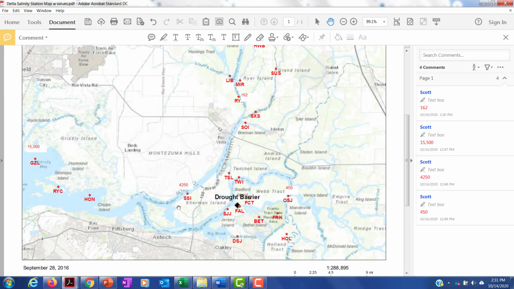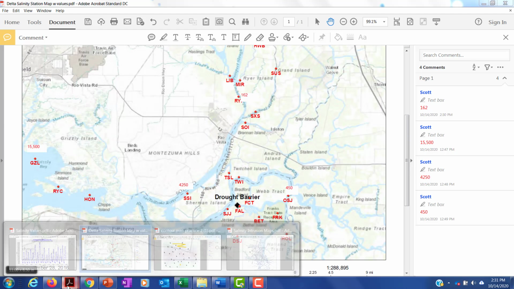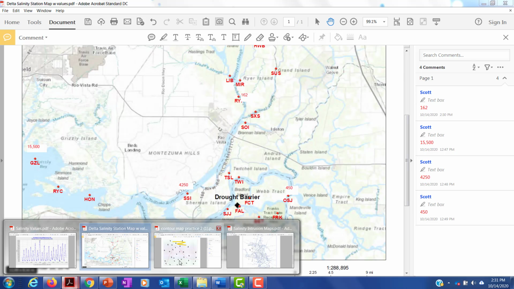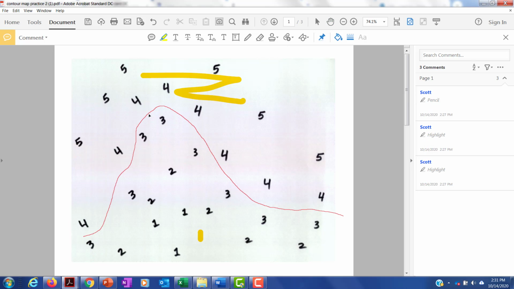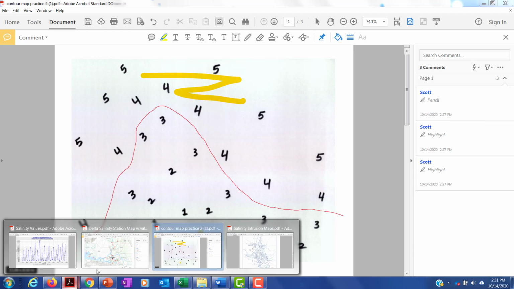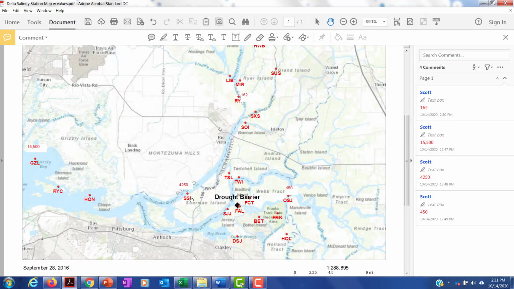So then you're going to get a bunch of numbers, just like you had numbers on this little kid's diagram. But instead of looking between 3 and 4 to find 3.5, what you're going to do is look for between greater than 1,000 and less than 1,000 to find that 1,000 value.